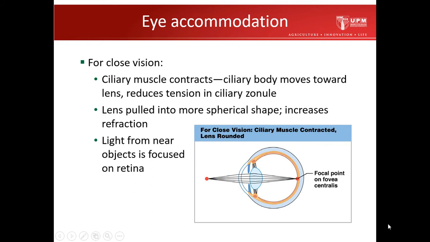For close vision, the ciliary muscle contracts and the ciliary body moves towards the lens, thereby reducing the tension in the ciliary zonule. The elastic capsule of the lens then pushes it into a more spherical, round shape that increases the refractive power of the lens and enables it to bring light from nearby objects into focus on the retina.